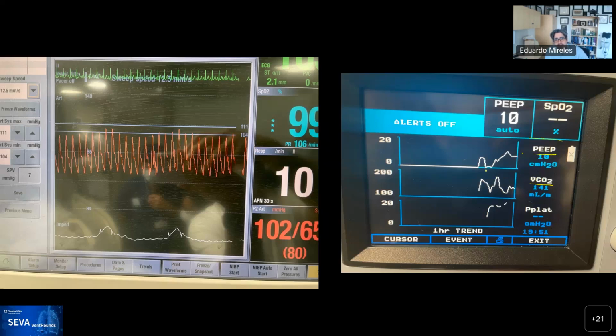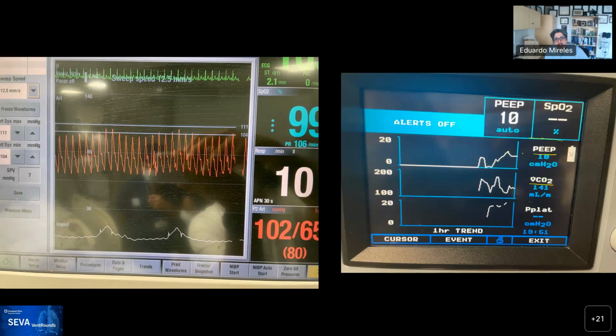Down here, we were measuring the plateau pressure as we were increasing the PEEP. Just for kicks, although this was not described in the paper, we put the volumetric CO2 to see at which point of the PEEP the volumetric CO2 elimination was the best.